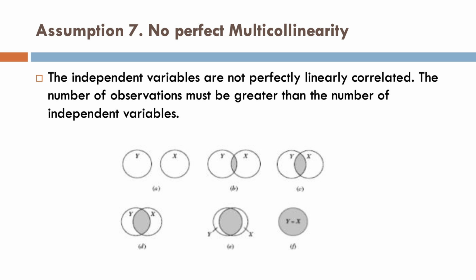In the second diagram, you can see two variables are correlated, but a little less. The amount of correlation in the third is bigger than the second one, the fourth one shows increased correlation, the fifth one shows still more correlation, and the last diagram shows perfect correlation.